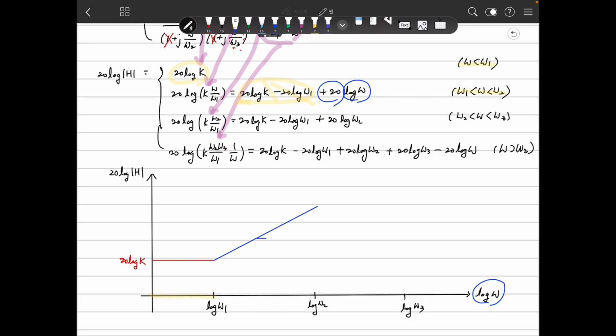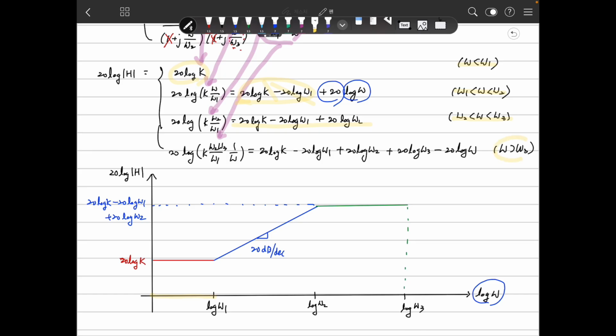And here the slope is 20 dB per decade, and that value will be 20 log k minus 20 log omega 1 plus 20 log omega 2. And in this area we have those values, so it is like that here, and it is the same value in here.